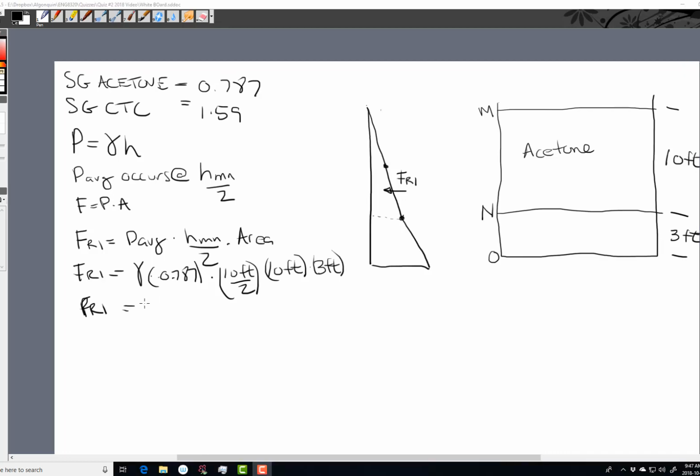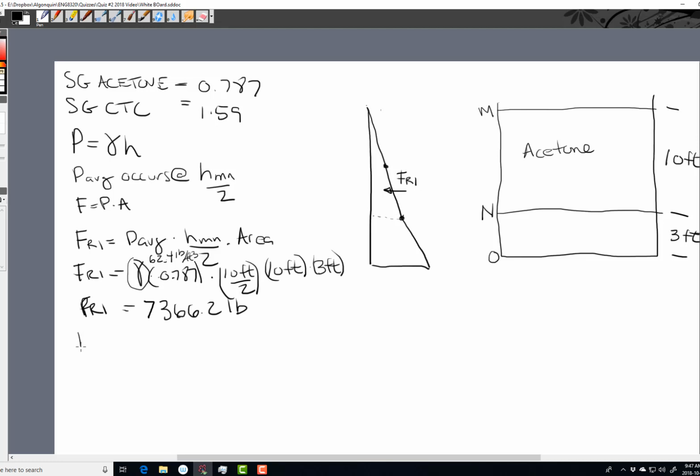That force, FR1, is 7366.2 pounds. And I'll just remind you that the specific weight of water here is 62.4 pounds per foot cubed. So that's the total force acting on this wall from the acetone. And where does it act?